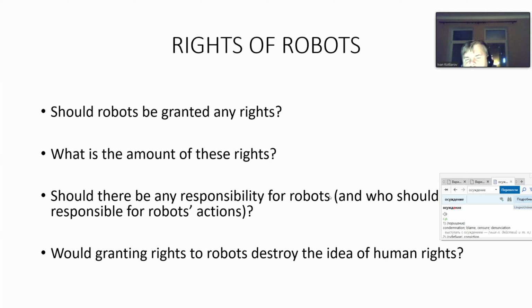But if we give some rights to robots, how will it change our understanding of human rights? Or maybe it will destroy completely the idea of human rights, and we will go to the idea, I don't know, of intellectual rights, of rights of intelligent entities, etc. So it is also a problem.